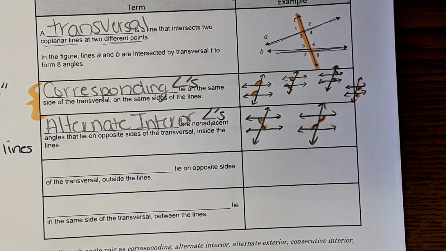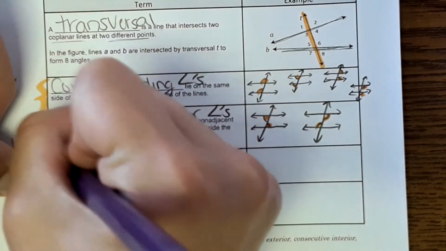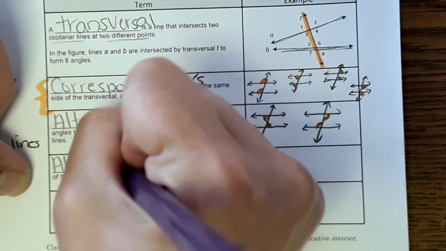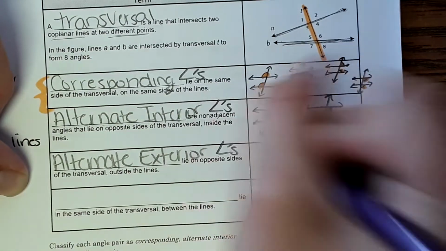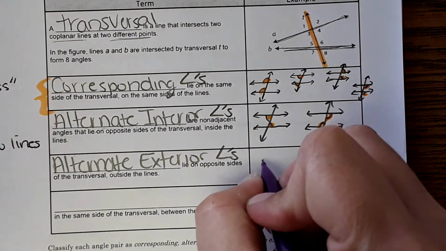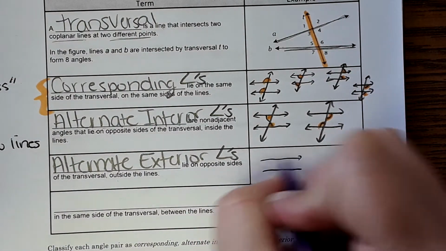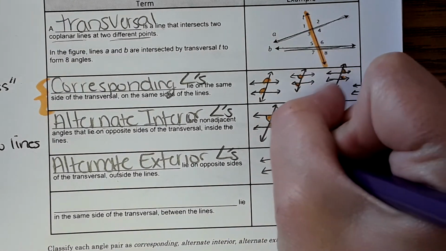Okay, the next one, you can use the words to remember which pair it is. Alternate exterior. So again, we're going to draw two of these.